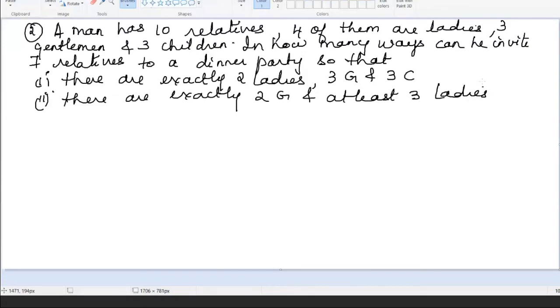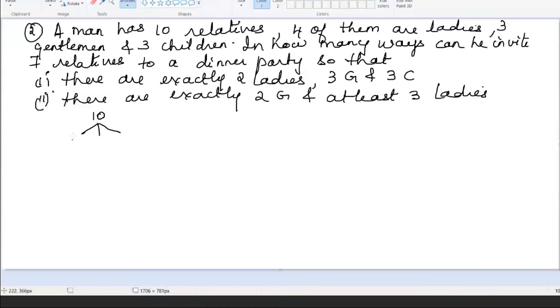At least 3 ladies. Now, before you write, let me explain to you. Please listen carefully and then write. I'll give you time to write after I finish this. Now, first understand, there are 10 people, 10 relatives. Among them, there are ladies, gentlemen, and children.